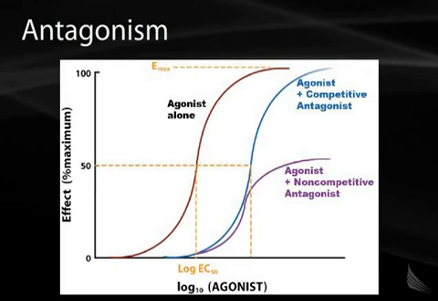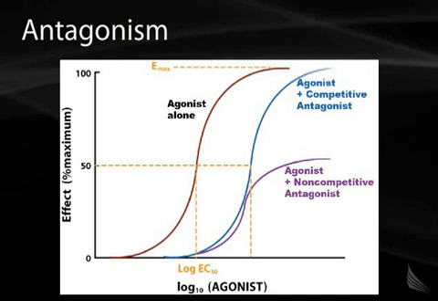Here's another curve that shows effect over the log of the concentration of the agonist. As you can see, as you give the agonist, your EC50 is right here, because you've achieved 50% of your maximal effect here, and the concentration required to do that is right here on the x-axis. As you give a competitive antagonist, you shift the curve to the right.